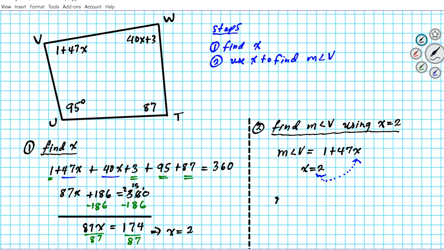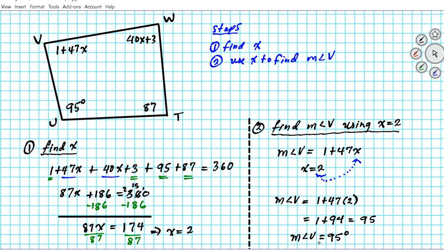So the measure of angle V is going to be 1 plus 47 times 2. Alright, so to simplify this, we're going to use our order of operations. Please excuse my dear Aunt Sally. Okay? So you multiply first before you add. So 47 times 2 is 94. And then 1 plus 94 is 95. So the measure of angle V is 95 degrees.